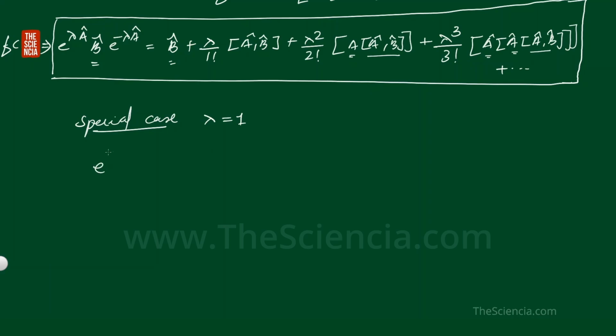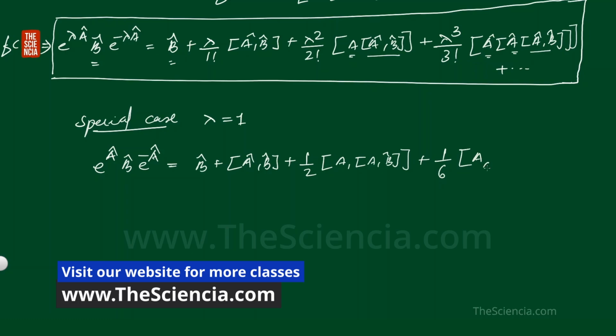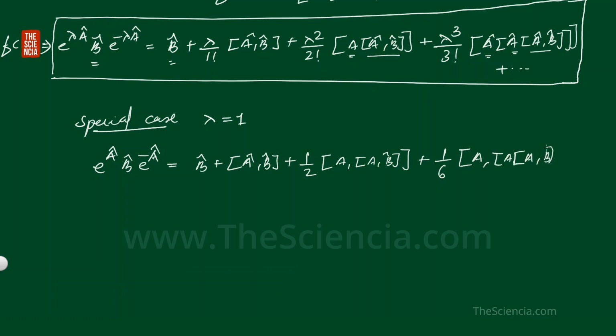We will get e raised to a, b, e raised to minus a is equal to b plus commutator ab plus 1 by 2 factorial commutator a, commutator ab plus 1 by 3 factorial, that is 6, into commutator a, commutator a, commutator ab, plus etc. Okay.